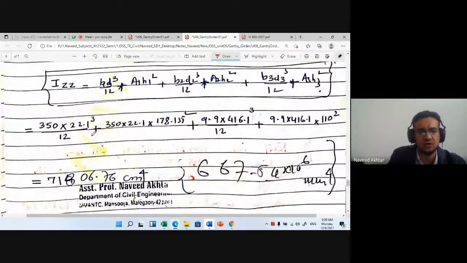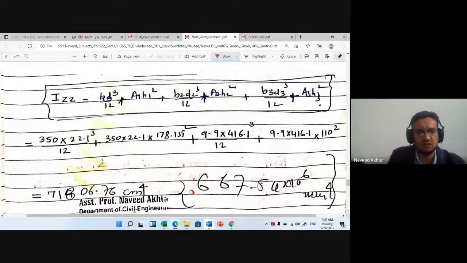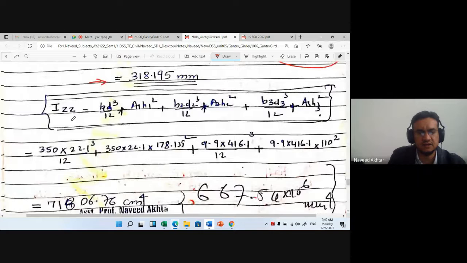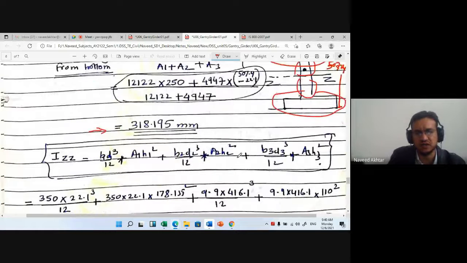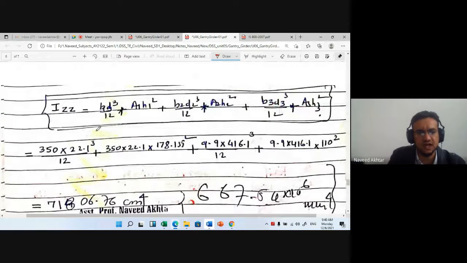Okay, put all these values of these sections, this top flange, bottom flange, this part, by putting all this H1, H2, H3 value. Okay, you can get this IZZ.